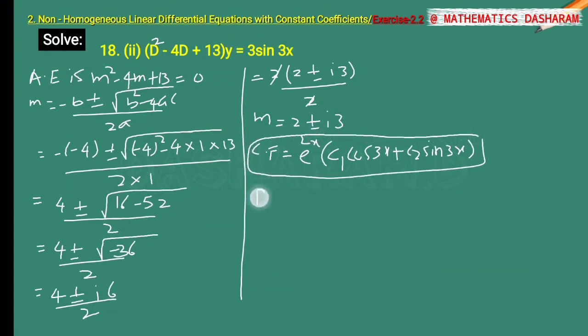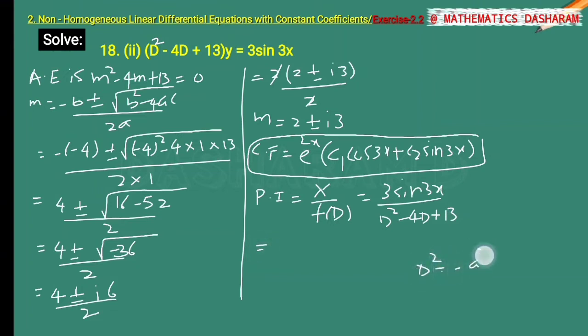So this is the complementary function. Now let's find out the particular integral, that is x divided by f of d. So x value is 3 sin 3x divided by f of d, that is d square minus 4d plus 13. So here substitute d square equals to minus a square.